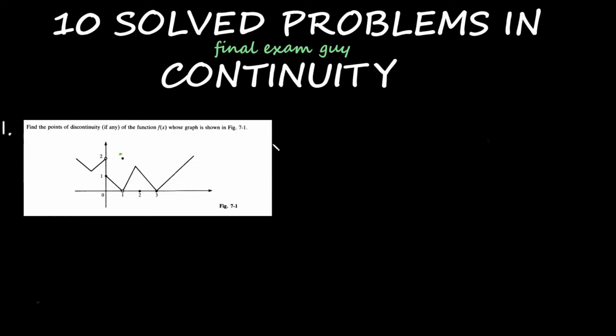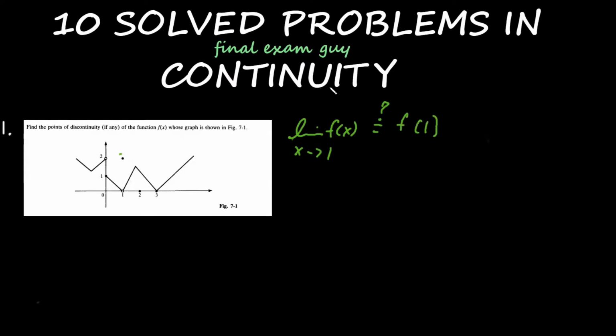So the true way to say this is that we have to find if the limit of f of x as x approaches 1 equals plugging in the argument of 1 into the function.